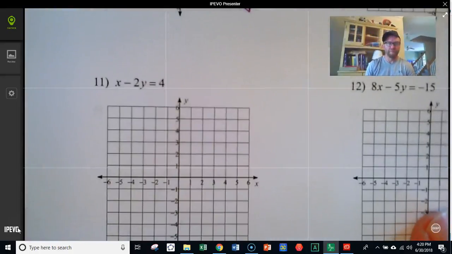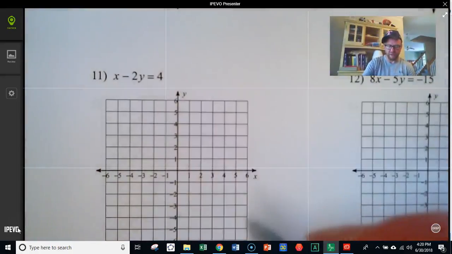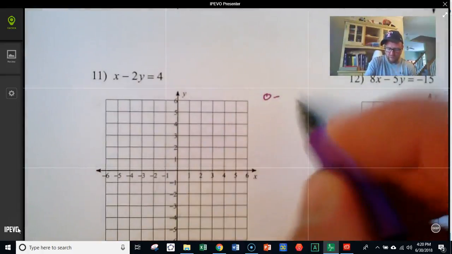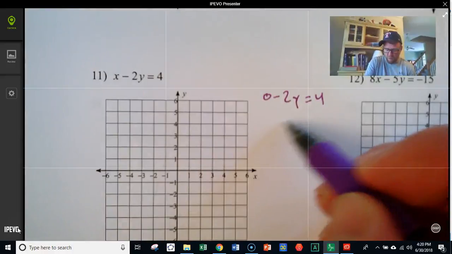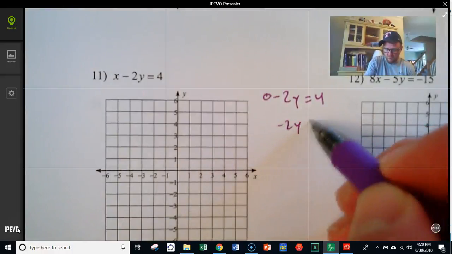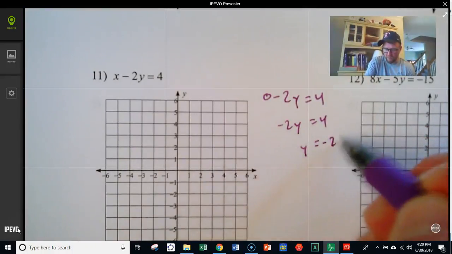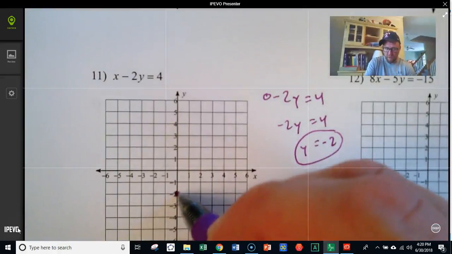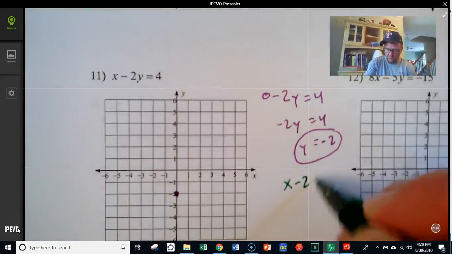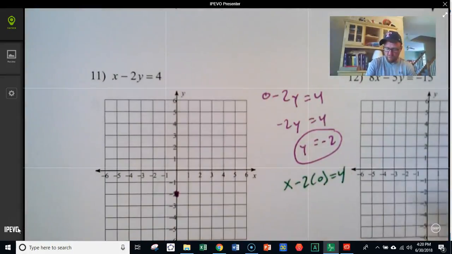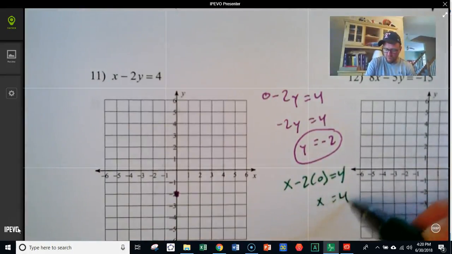Here we go. Here's an example. I'm going to use the intercepts thing again. So I'm going to go 0 minus 2y equals 4. So that's negative 2y equals 4, or y equals negative 2. I'll plot that right here. And then I'll go x minus 2 times 0 equals 4, or x equals 4.